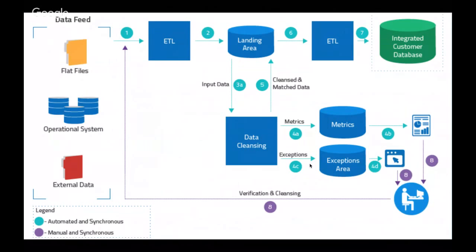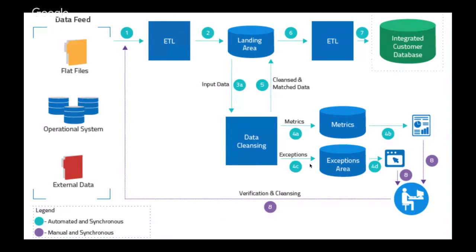When we have this data cleansing, it goes to the matrix and the exceptions. If we have any exceptions, they are under the exceptions area. From there, exceptions are handled by the developers and sent back to the data cleansing area. Again, from data cleansing, matrices are prepared, data information is taken, and the information is then reported into BI reports.